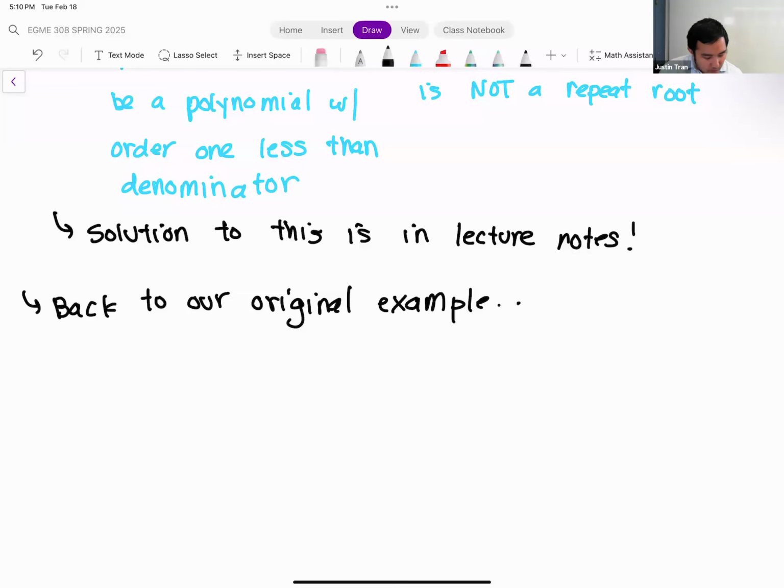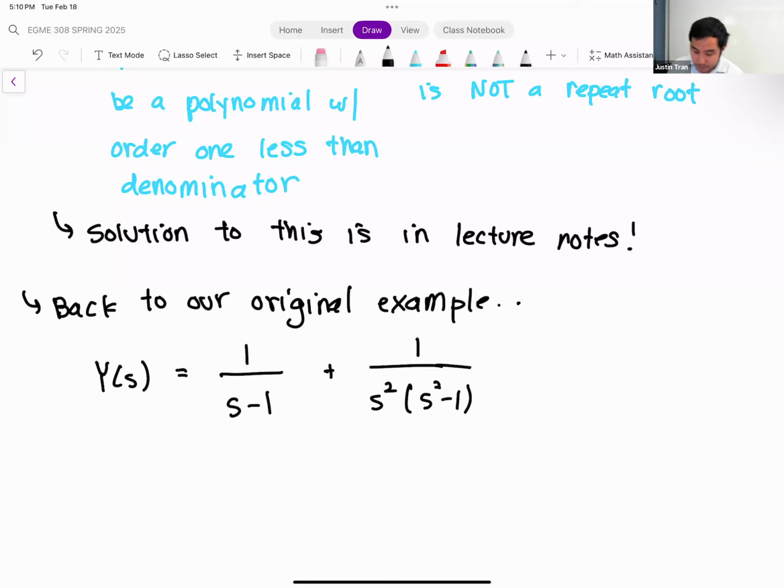As we look back to our previous example, we had y of s is equal to 1 over s minus 1 plus 1 over s squared times s squared minus 1. Okay. So that's where we started. That's the problem that we had.